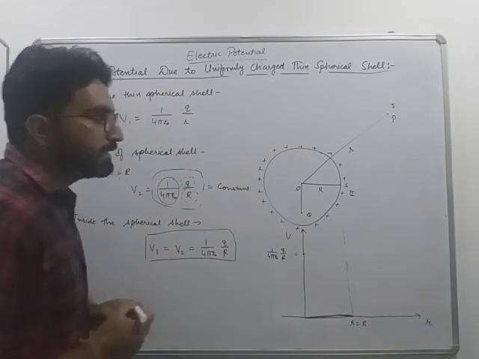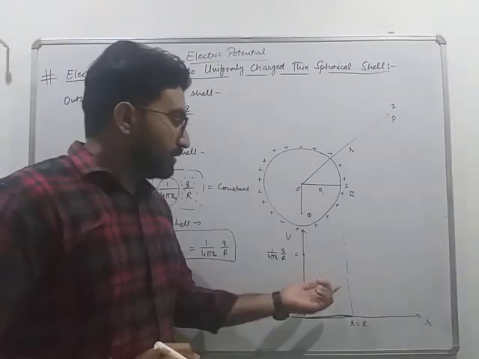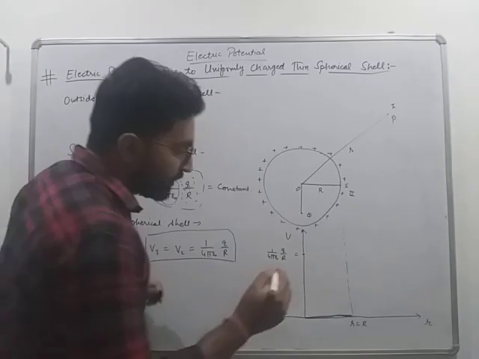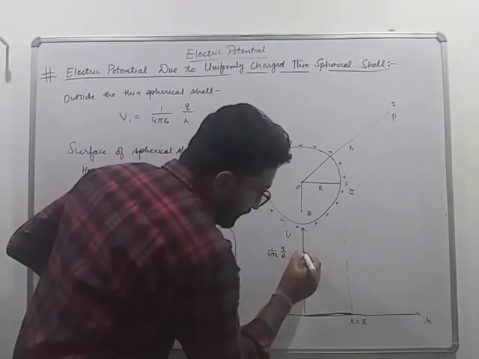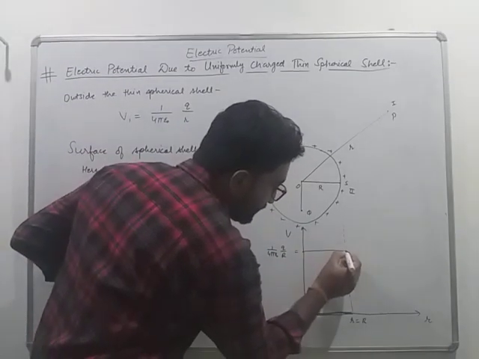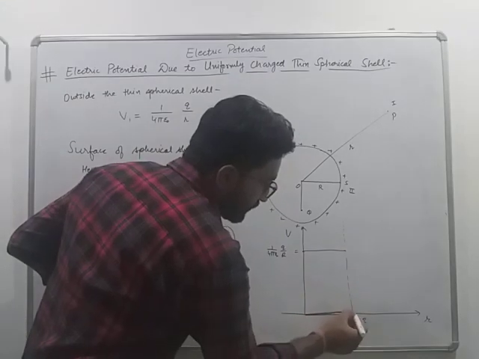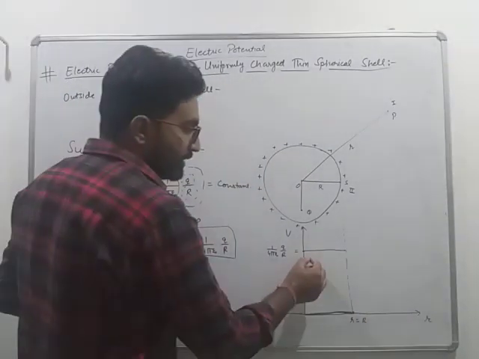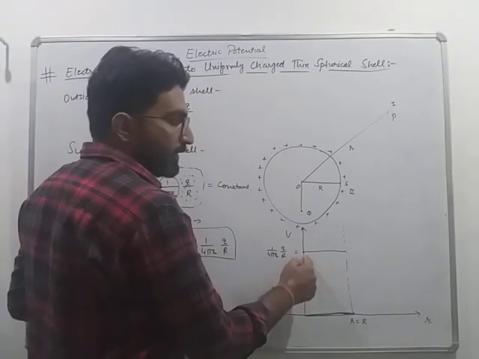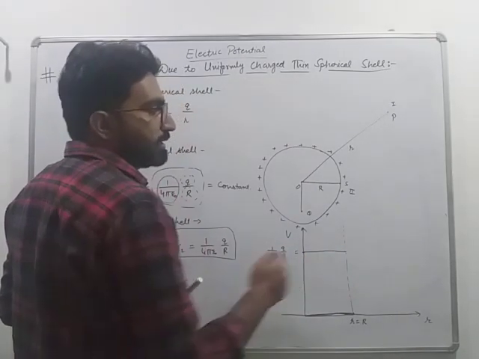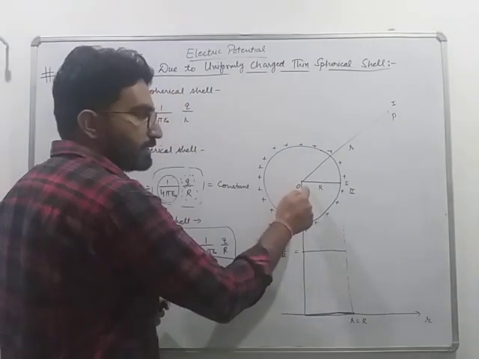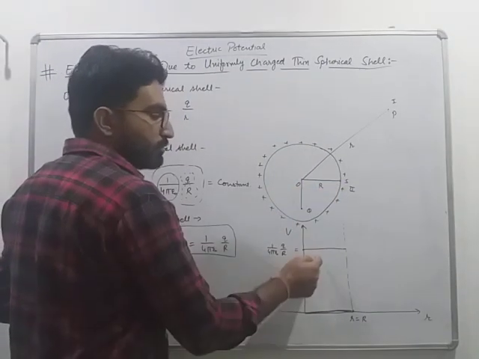This area represents the distance inside the thin spherical shell. So inside the thin spherical shell, the electric potential is constant and equal to the potential at the surface. So we draw a straight line, because the potential at the center and the surface is constant.